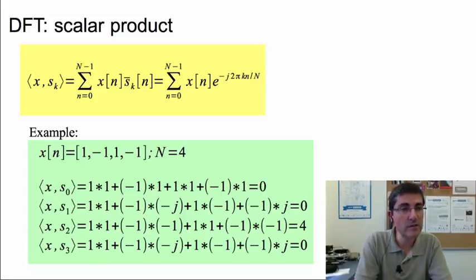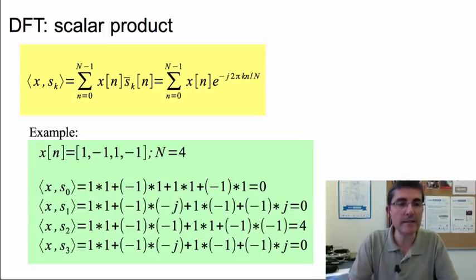But when we change to S sub 2 and we do the scalar product, the result is 4, which means that this x signal is completely present in this sinusoid, and we get the result of 4, which is the sum of all the samples.